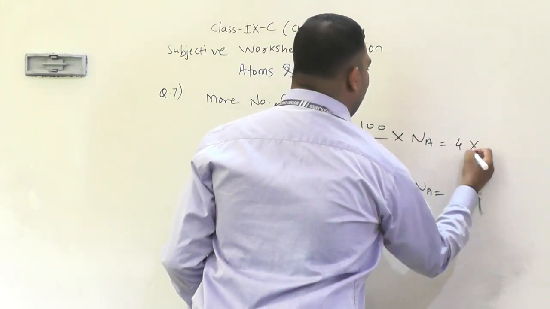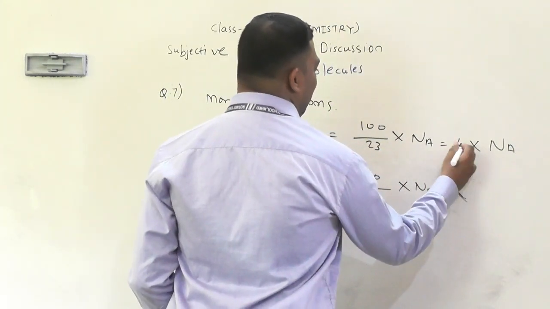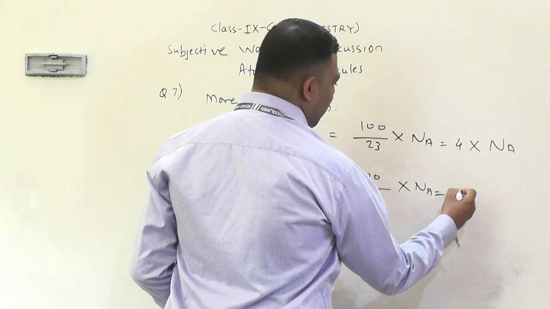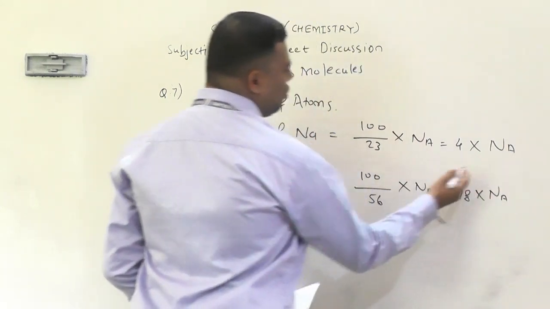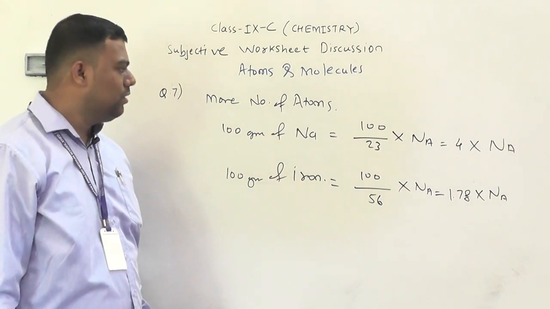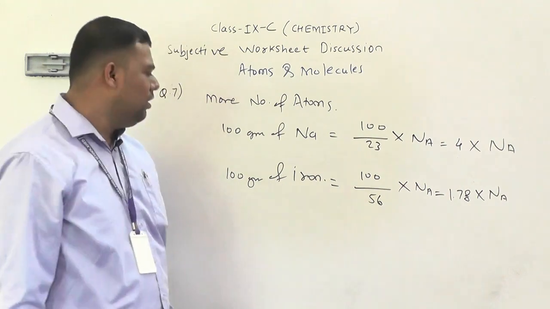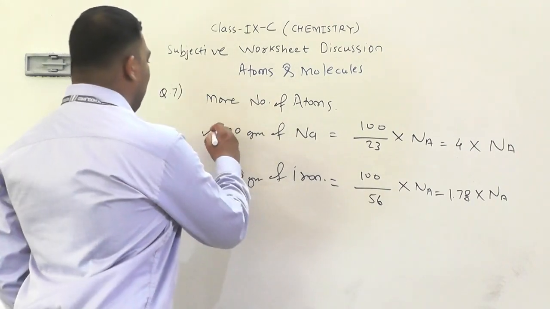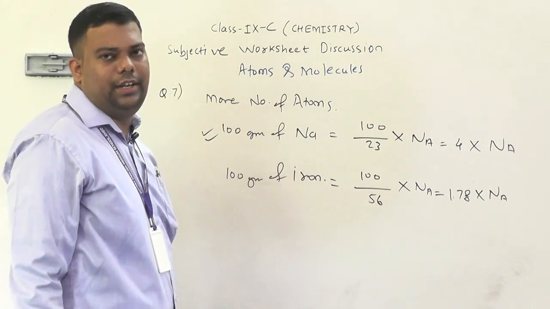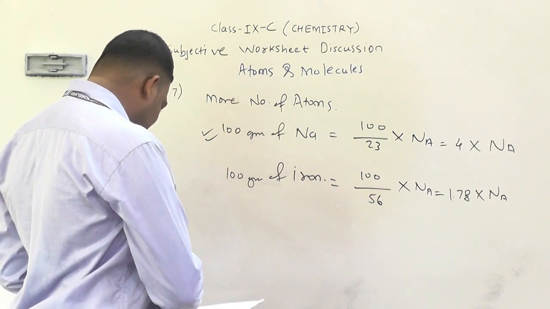We get 4 into Na, and here near about 1.70 into Na. So obviously more number of atoms is present in 100 gram of Na, because 4 into Na. Understood? Like that, this question is very easy.